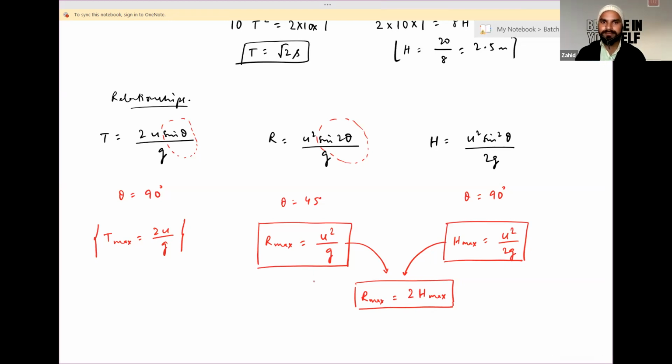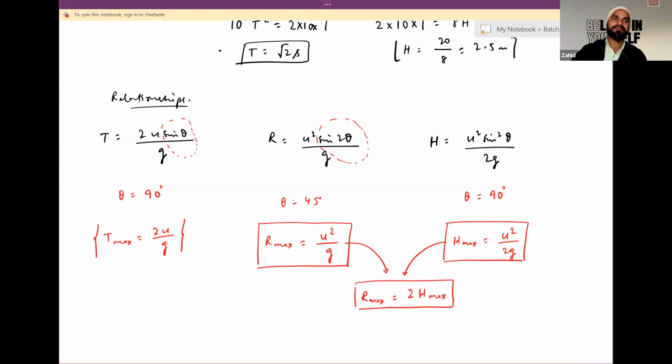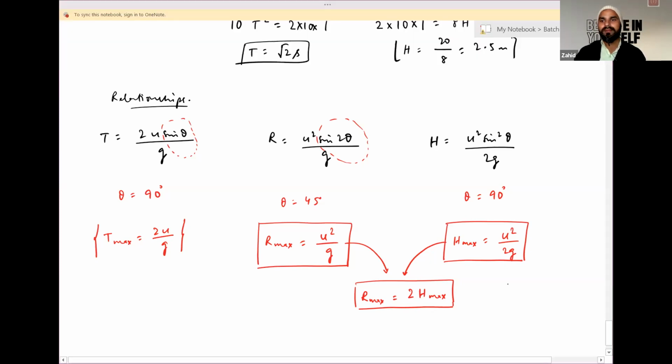Is it clear? Muhammad Umar, is it clear till this part? Yes.